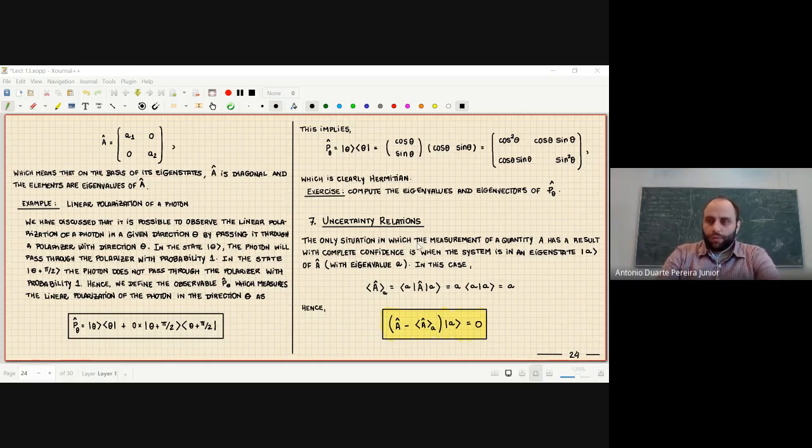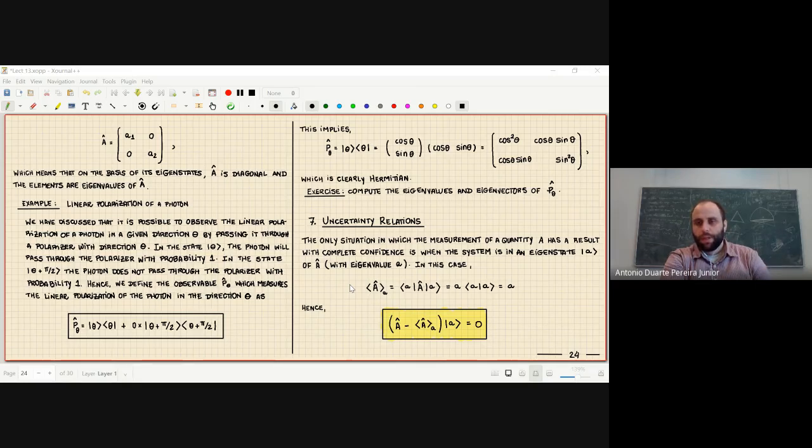The only situation in which the measurement of a quantity A has a result with complete confidence is when the system is in an eigenstate of the associated operator A hat. So if you have a state that is the eigenstate of an observable, and you want to measure this observable, this is the only situation where you are always going to get the same outcome, which will be the eigenvalue associated to this eigenstate.